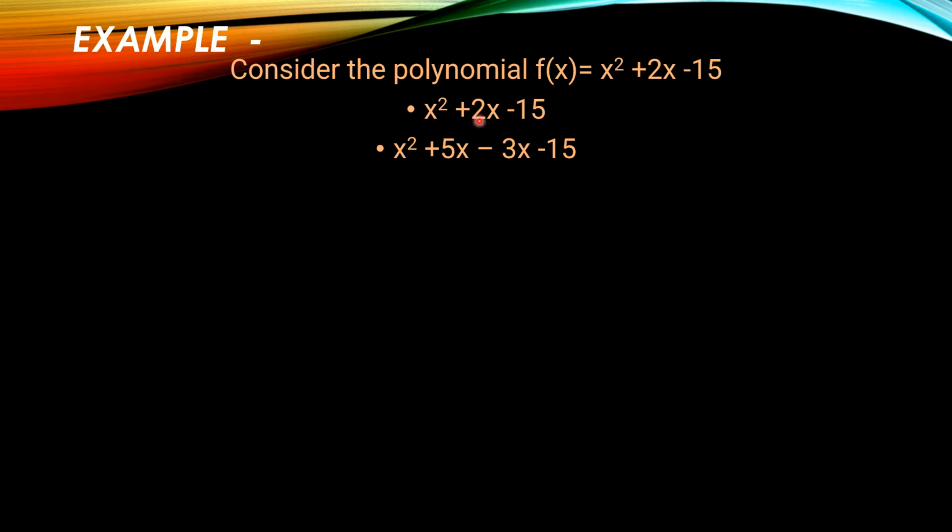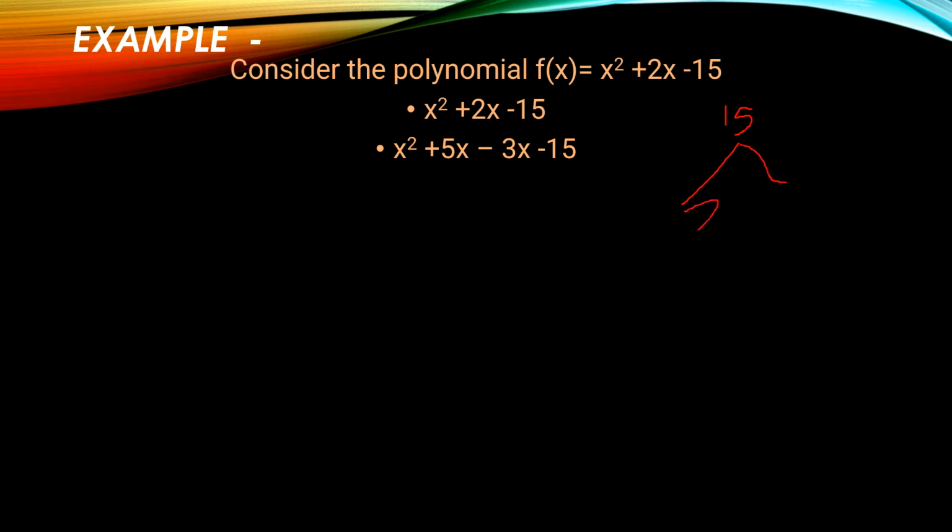The middle term is 2x. Factors of 15 are 3 and 5.